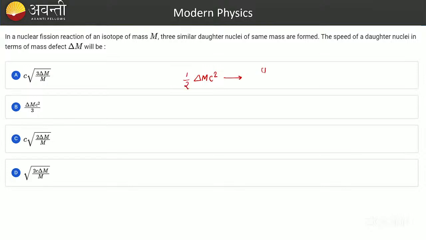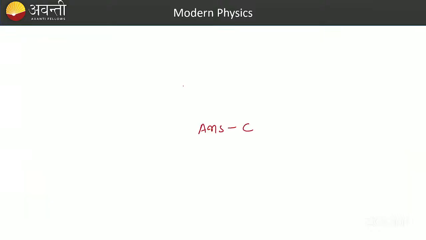Now it has to be distributed among three daughter nuclei of the same mass, which means each will have mass M by 3, and let's say they are traveling with a speed of v. Just take one of them.